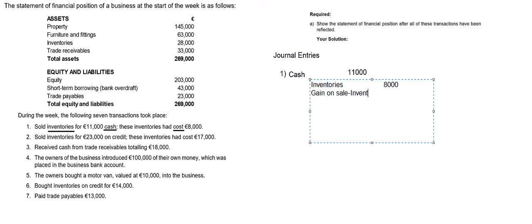We put about 11,000 minus 8,000, you get about 3,000.